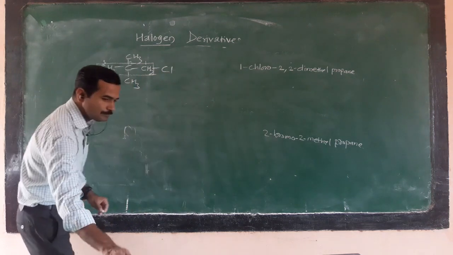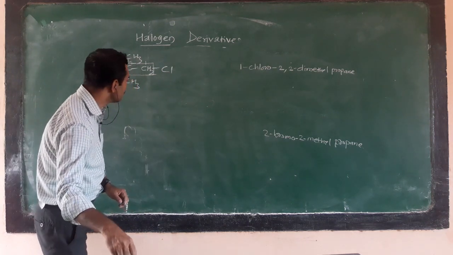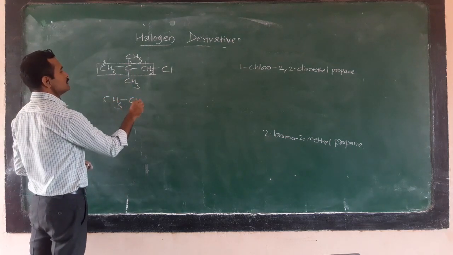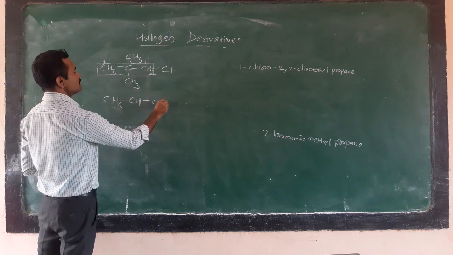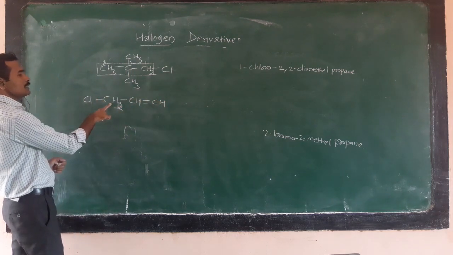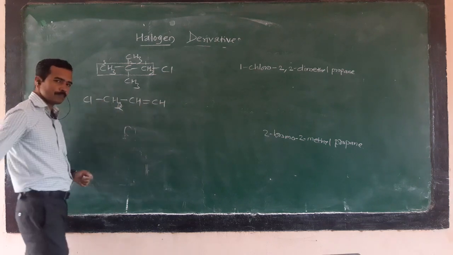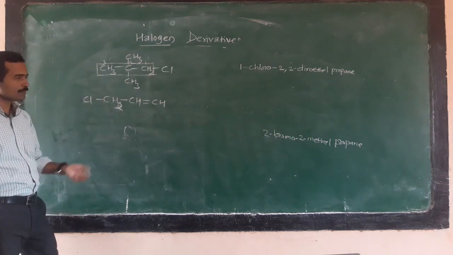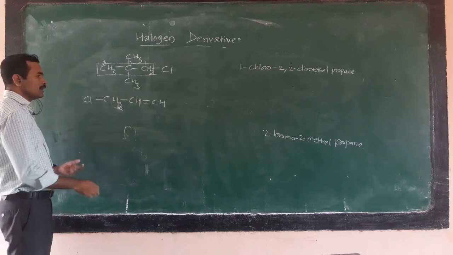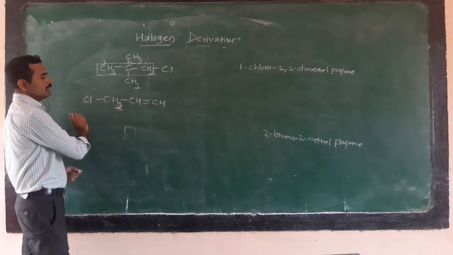Okay, then one another example, CH3, CH double bond CH. So here we write Cl CH2 CH double bond CH2. Now this is the example of an allylic halide, as we have discussed in the classification. How do we write the numbers?